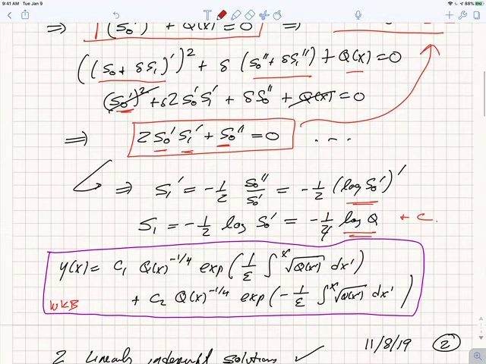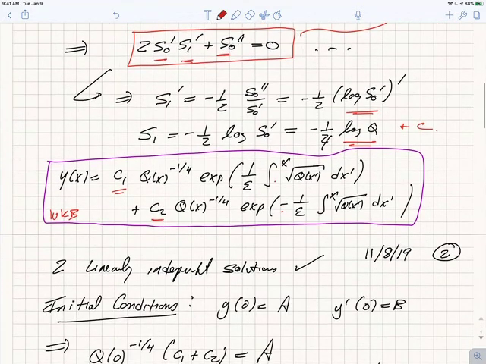So I get a q to the minus a quarter exponential 1 over delta, and delta is epsilon, integral up to x of square root of q dx prime, plus c2 q of x to the minus a quarter exponential of minus 1 over epsilon integral up to x of square root of q of x prime dx prime. Notice that you get two linearly independent solutions, just as you should for a second order ordinary differential equation. So we have two solutions that we know.